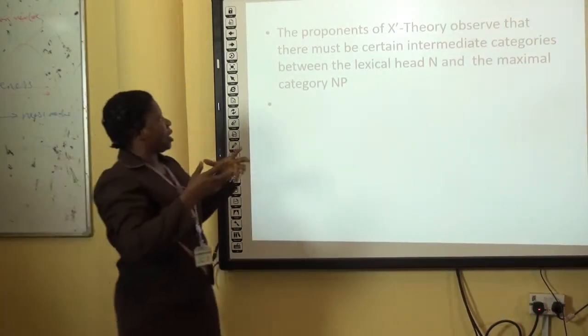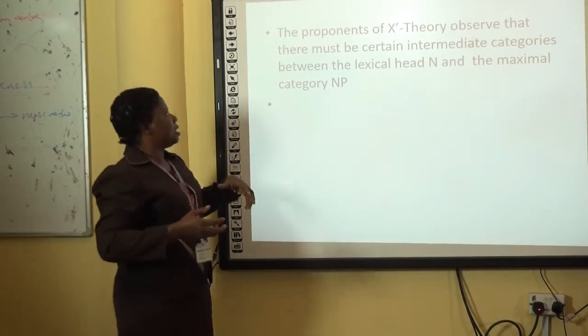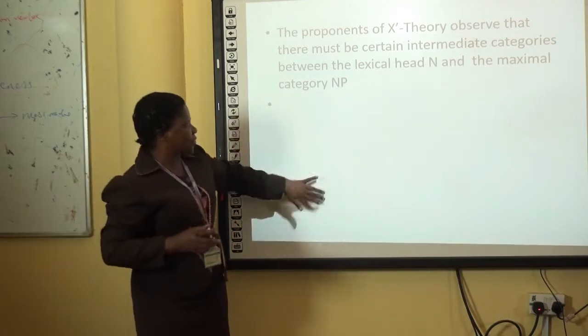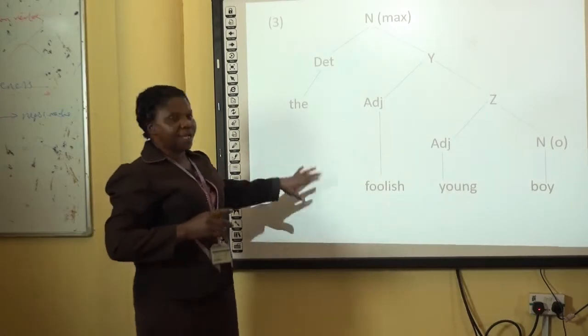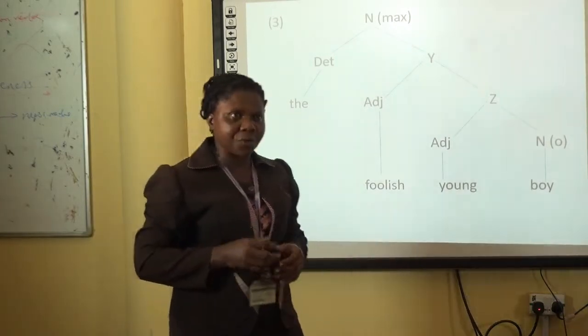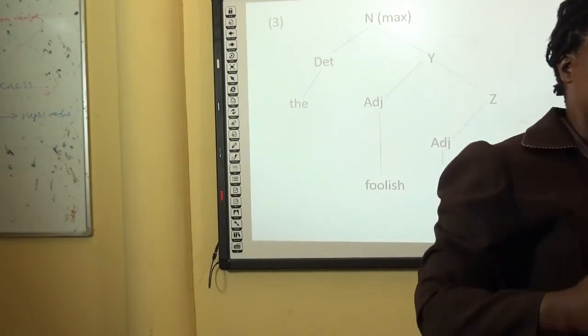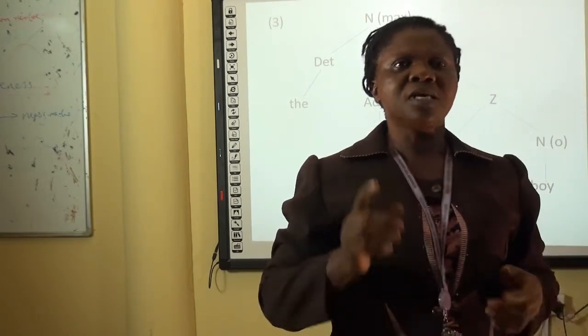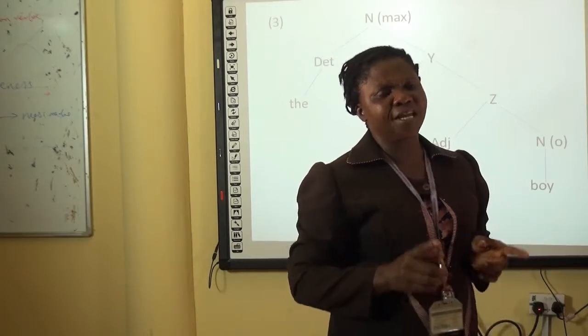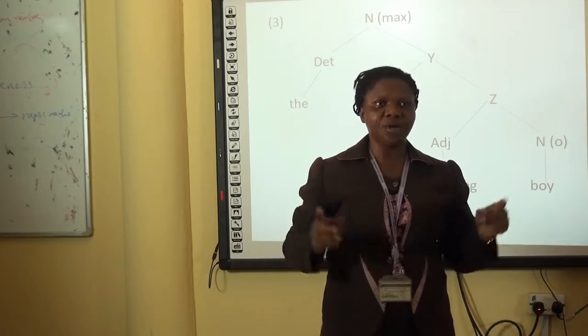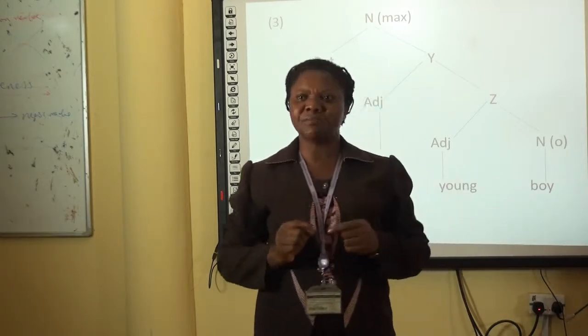Why did Noam Chomsky propound the Xbar theory? He propounded the Xbar theory to correct the inadequacies of phrase structure grammar, which only allows the maximal category and the minimal category. But with the Xbar theory, we have what we call the intermediate category. Thank you. God bless.